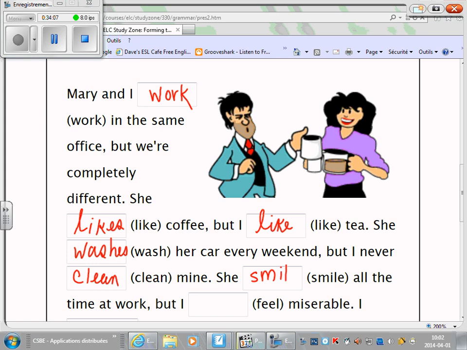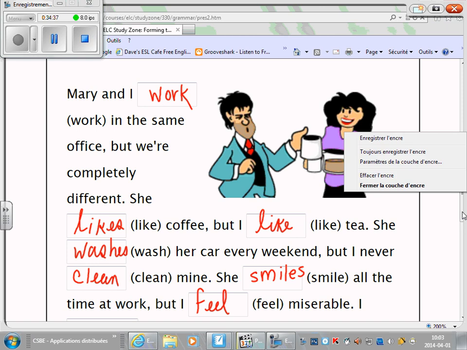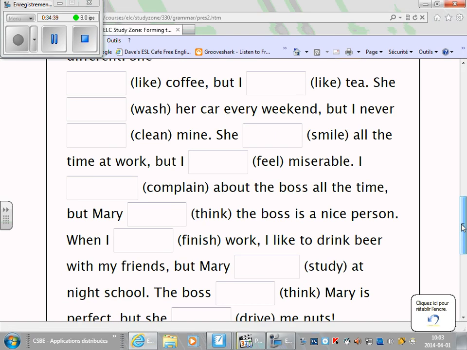She smiles all the time at work. But I feel, because it's also a habit. If it's a habit for her to smile, it's a habit for him to feel miserable. But I feel miserable. I feel miserable. Okay.